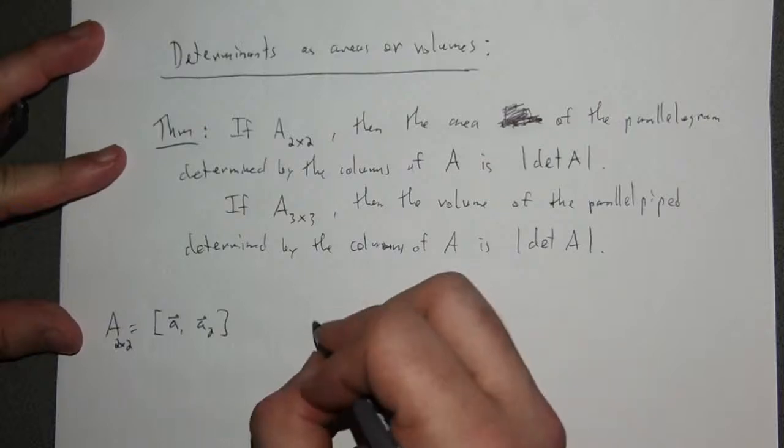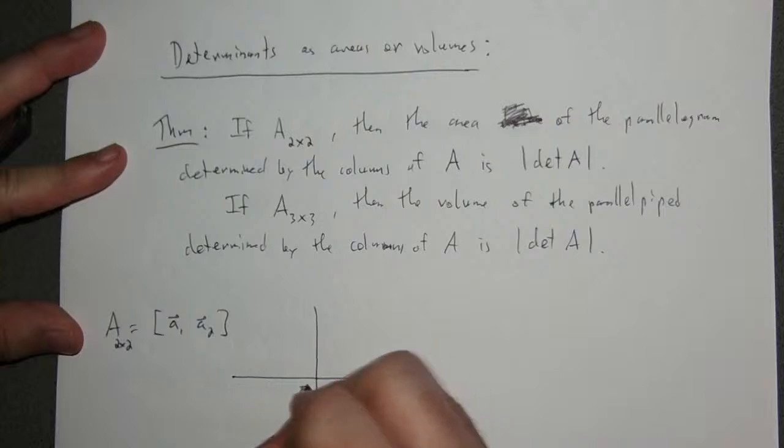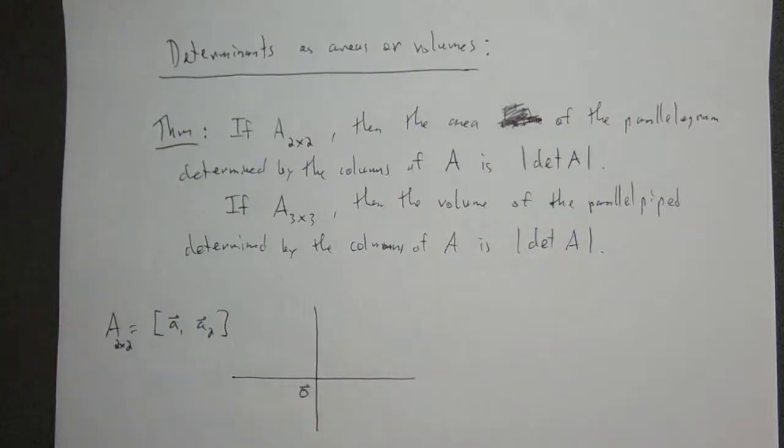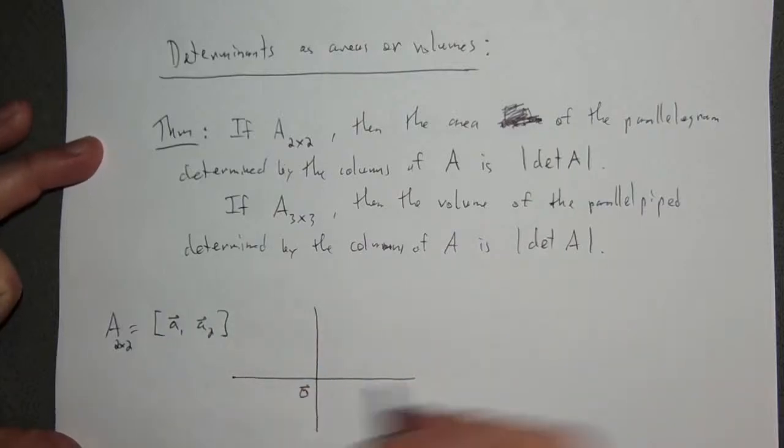Well, I have my plane here. Here's the origin, or the zero vector. We're going to talk about vector geometry stuff a little bit later. I know we've mentioned some very basic stuff already, but we're going to talk about more of this in chapter 6 later. But let's say I have two vectors, a1 and a2.